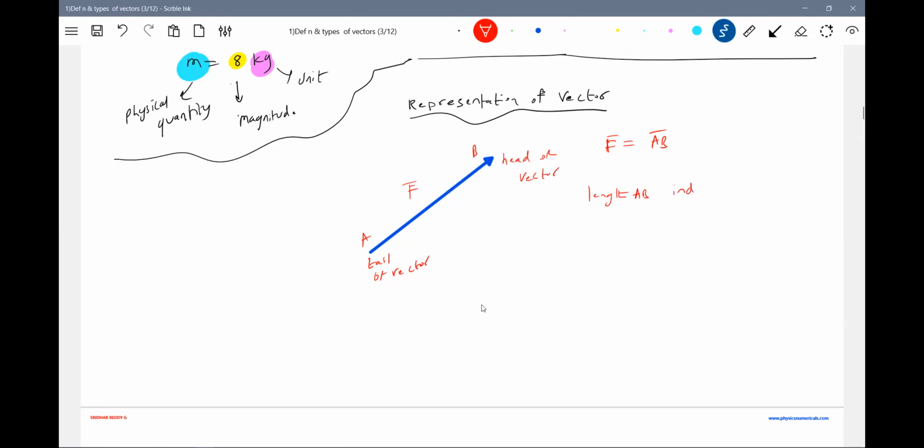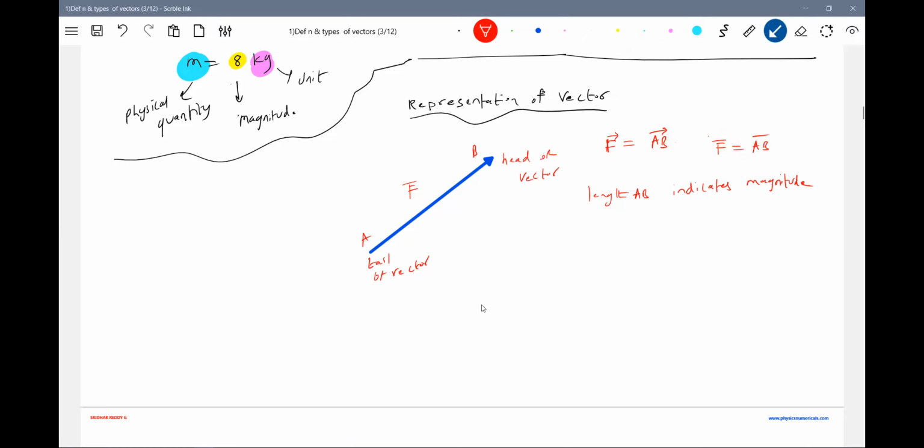Length AB indicates magnitude. You can write AB bar, or we can also write F bar equal to AB bar. It's not compulsory that this arrow has to be indicated. There's also one form we use here.